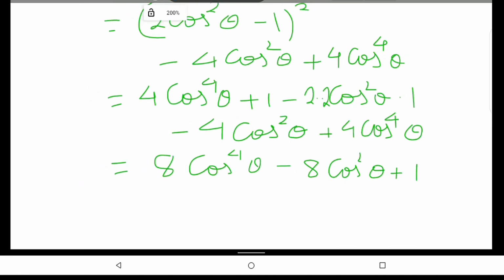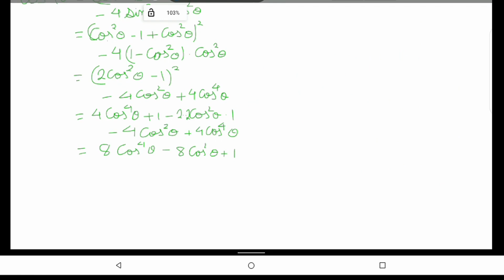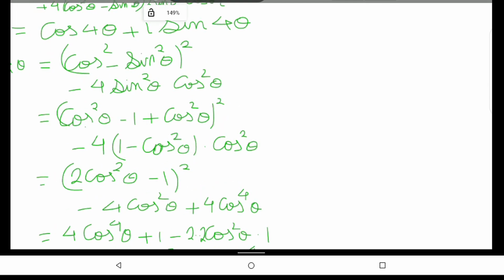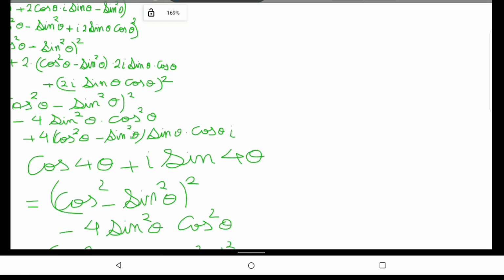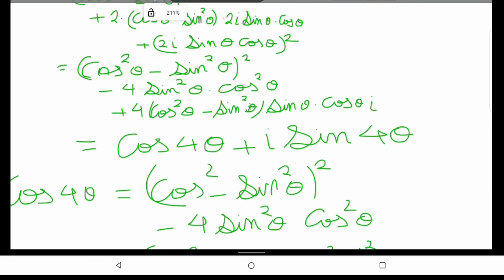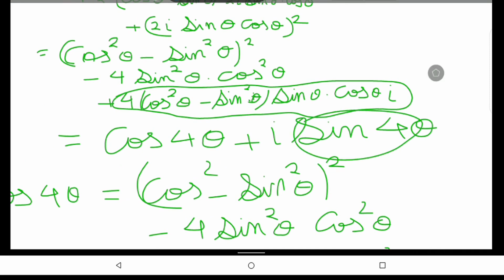Okay, as an added advantage of the Moivre's theorem, we have derived what we needed to derive. Let's compare the imaginary part as well. If we compare imaginary part, then we'll get expression for sine 4 theta as well. So we have imaginary part here and here.